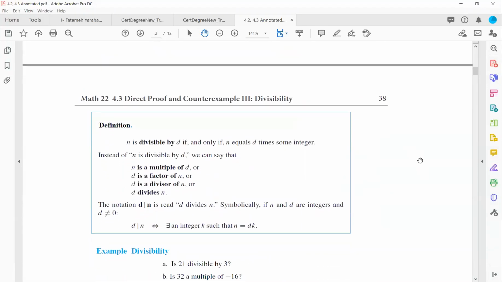Let's talk about divisibility of numbers. Definition: n is divisible by d if and only if n is equal to d times some integer.